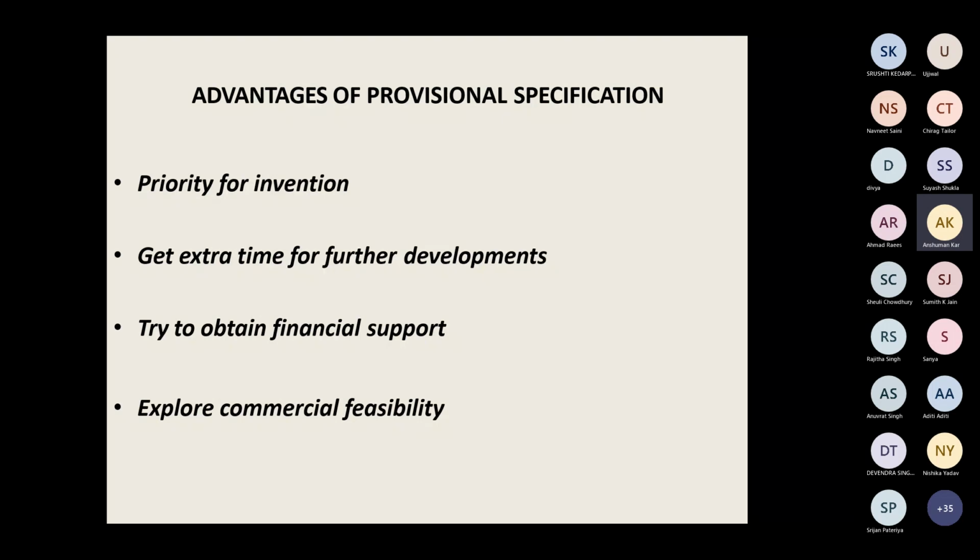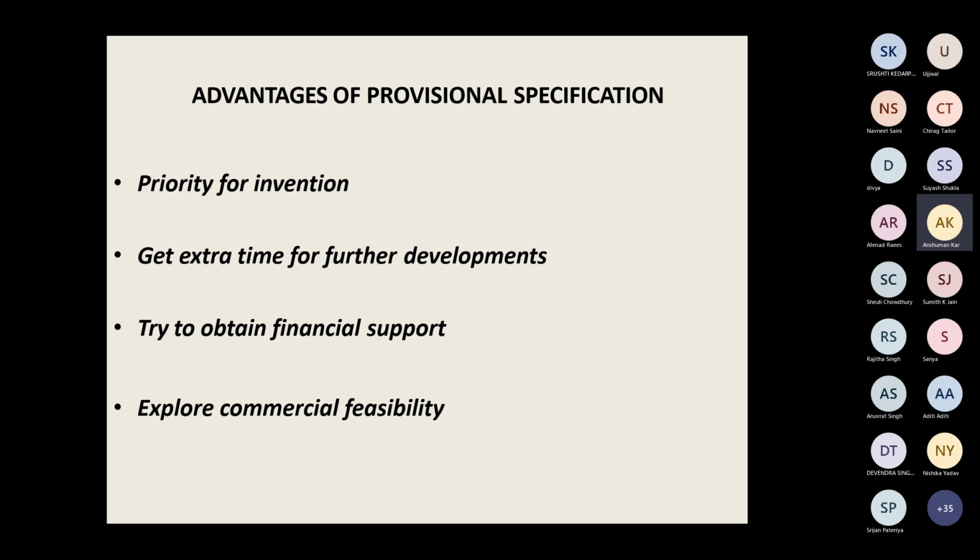It's just that I have filed my application, I have told them that I'm working on this invention, please get this on my name, and I'm giving you a provisional application. Now I have 12 months. Within 12 months, I can look for other financial supports, I can look for investors, I can look for other companies who would be interested in taking up my invention. So I get that extra window of 12 months.